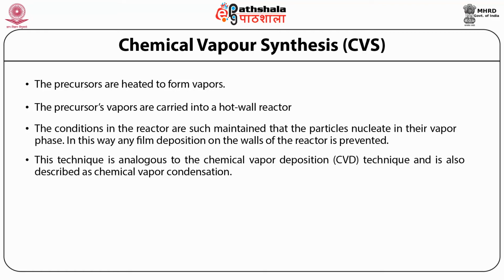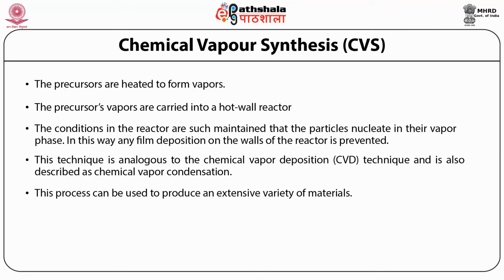It differs from CVD in the manner that CVD is employed for depositing a thin solid film on the surface of a substrate. This process can be used to produce an extensive variety of materials.